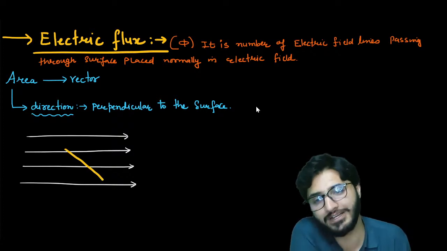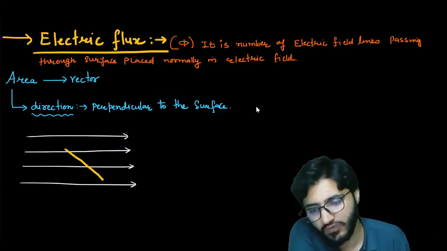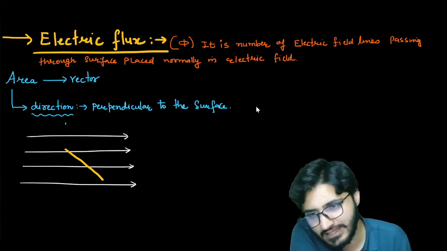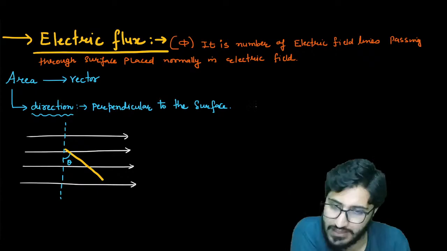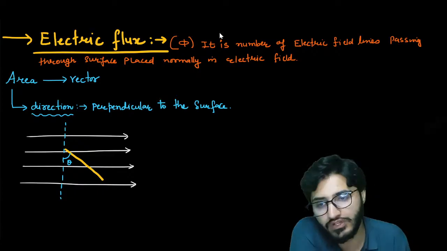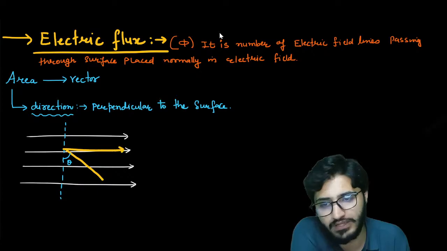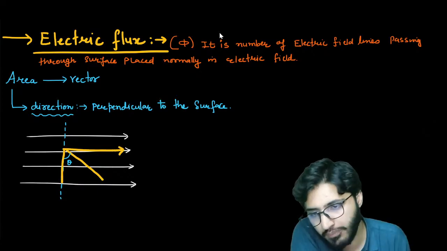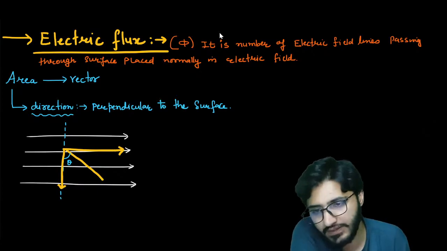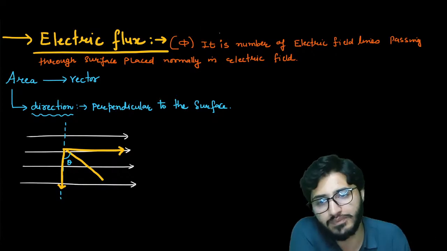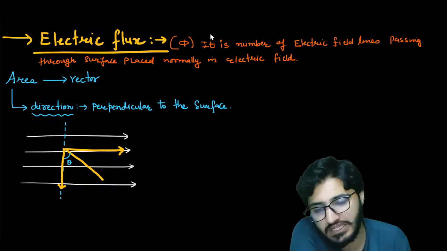We know that the area is making some angle theta. So we have to resolve it. One component will be in this way and one component will be in this way.